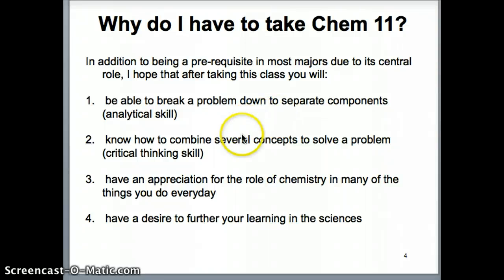So that's the second part of this skill that you learn in Chem 11, the critical thinking skill. In chemistry, you'll learn many different concepts that are important. And the goal is at some point you'll be able to take some of these concepts, if you're given a problem, and think about which of the following concepts would apply to this particular problem.